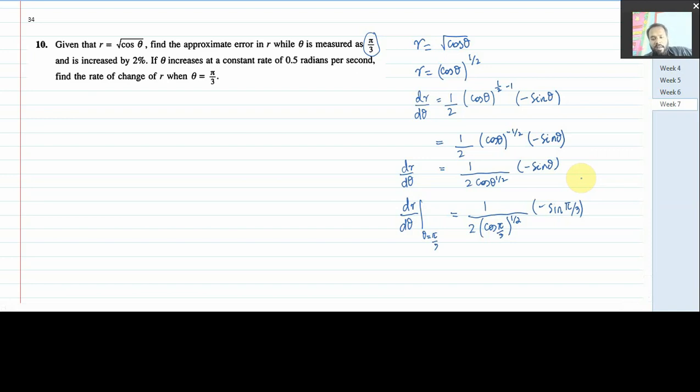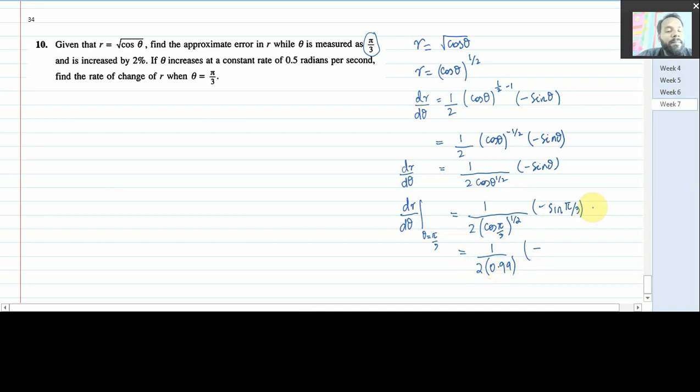So let me just calculate the values here. First you need to change your degree mode to radian mode. Now pi by 3, pi is 180 degrees, so 180 by 3 is 60. So in terms of degrees it will be cos 60, and in terms of radians it will be 3.142 divided by 3, and the cos of it is 0.988, and if I find the root, that will be 0.99.